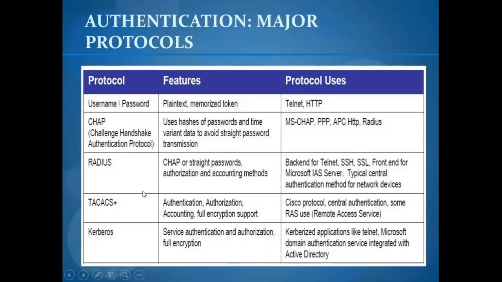In this manner, RADIUS gives CHAP or straight password authentication or accounting methods. Now the protocols used are backend or telnet or secure shell, front end on the Microsoft IIS server, and a typical central authentication method for the network devices. Now next is TACACS.